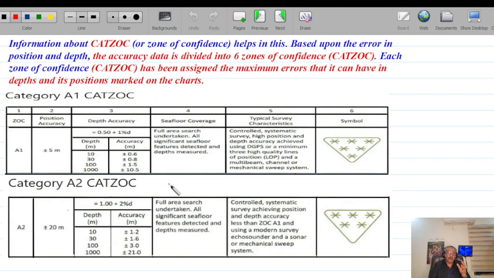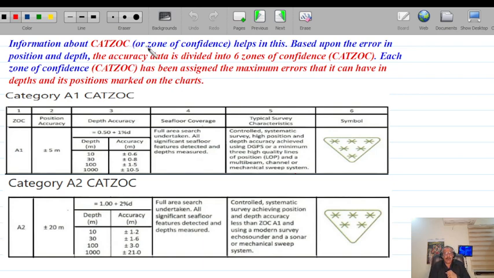Now, before we proceed, because I've also shown the squat calculation, prior to that we need to get our basics right, so it's very important. The other aspect which we must take into consideration is CATZOC. CATZOC has 6 zones of confidence, which I've put down in the slides. We'll talk about it one by one.